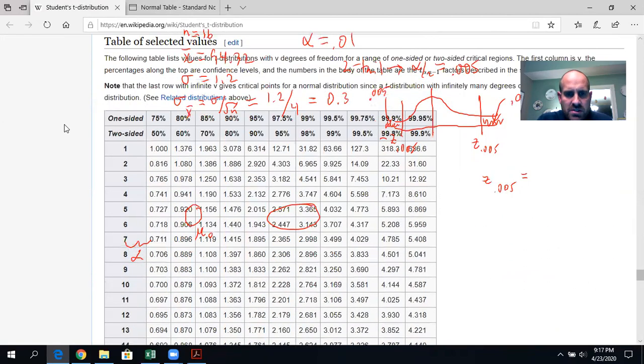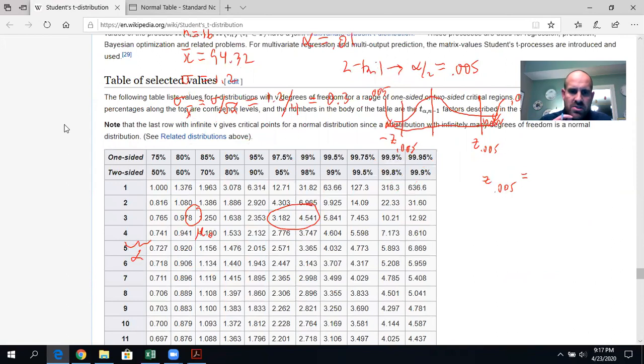What do I want? Well, 0.005 is like 0.5%. You see this right here, it says 99.5% is to the left of this particular value. If I were to reflect it over and put the same percentage in the two tails, I'm at 99% in the middle.